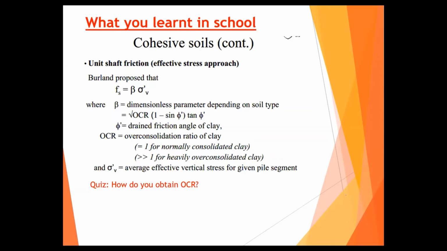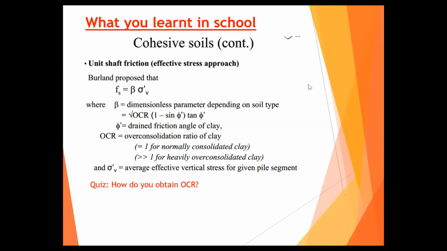No, I joined the GC and will be joining master coming August. Oh, so you just graduated, is it? Yeah. That's good. So how do you obtain OCR? Actually, this is for me first time. No, it's okay. If you don't know, it's okay. Let's move on, don't waste time. Do you know how to obtain OCR? OCR is overconsolidation ratio, right?